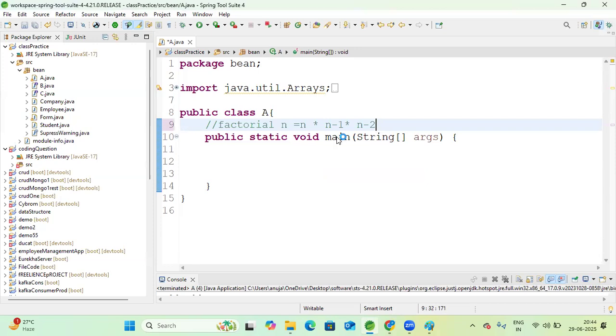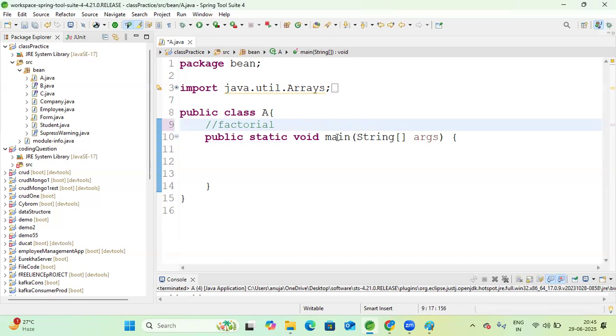If you want to find the factorial of 5, it is 5 into 4 into 3 into 2 into 1. This is the factorial of any number: n into n minus 1, n minus 2, n minus 3, up to 1.